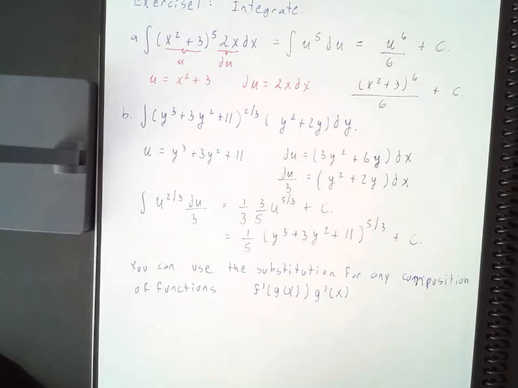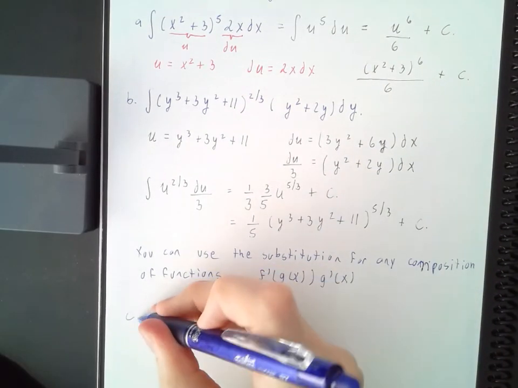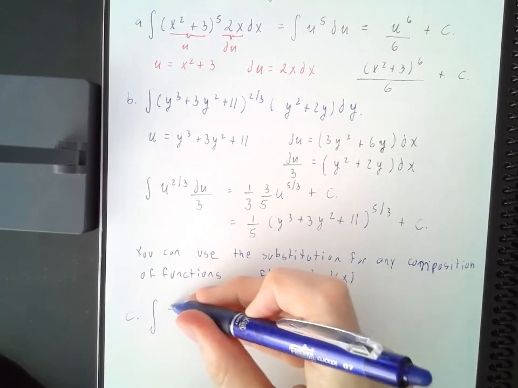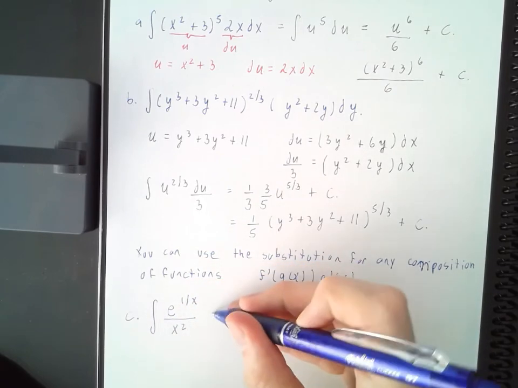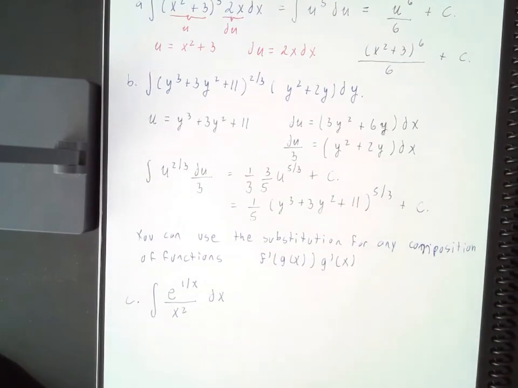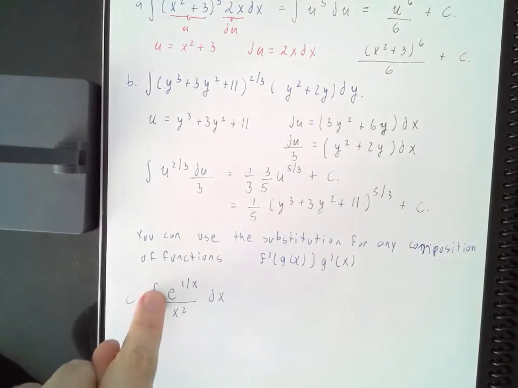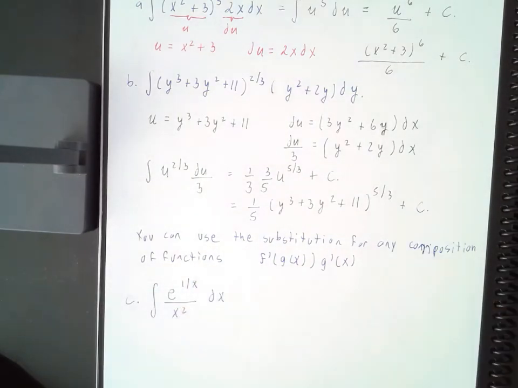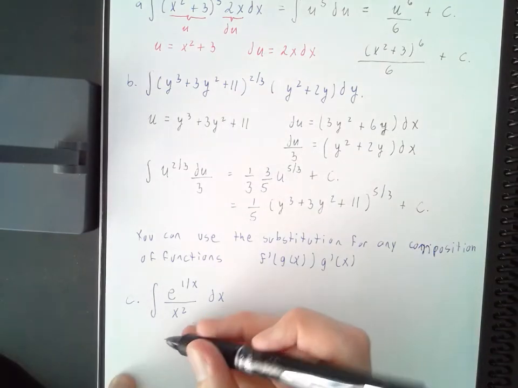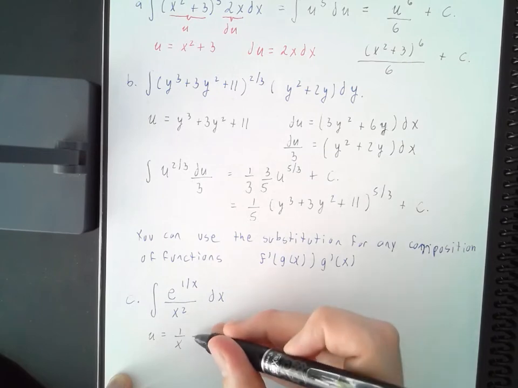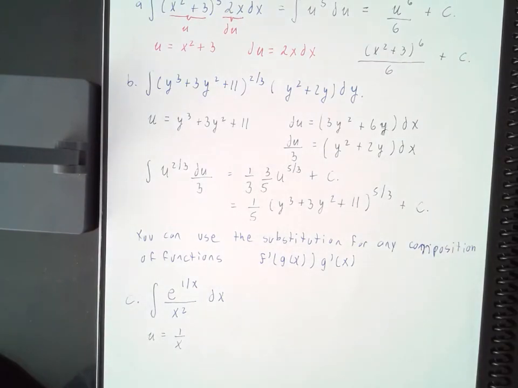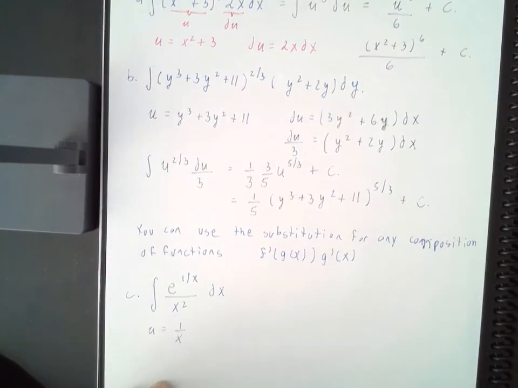So one problem that I can do, let me just do this one. The one with the exponential function. This one is a little bit trickier, but basically, we just have to keep in mind that the derivative of e to the 1 over x, we don't have it elsewhere in this problem. But what we do have is that the derivative of 1 over x is equal to minus 1 over x squared.